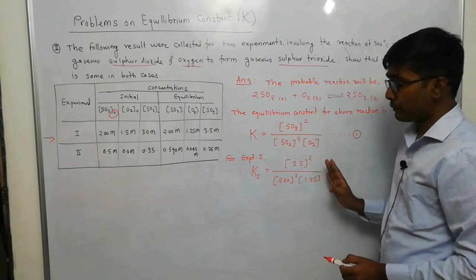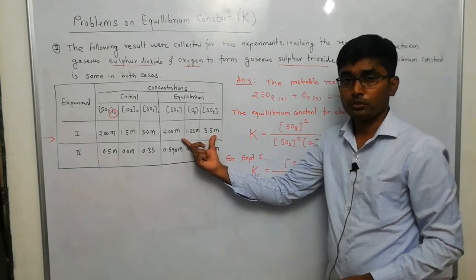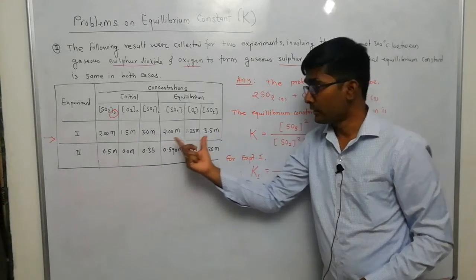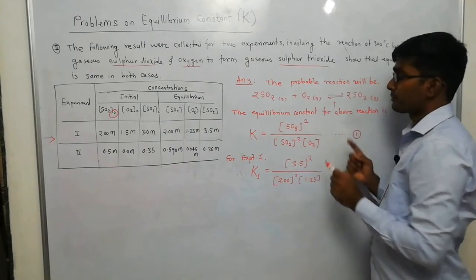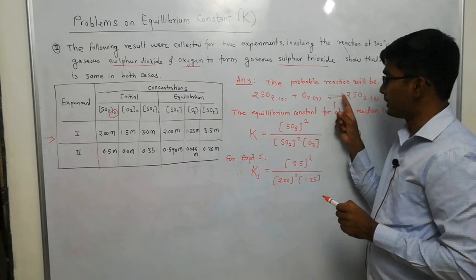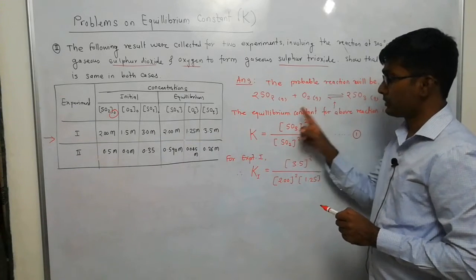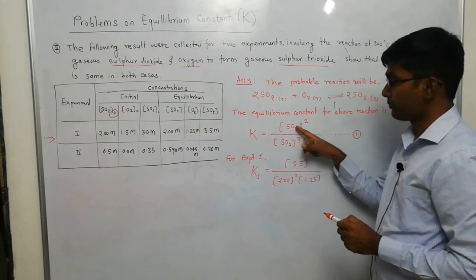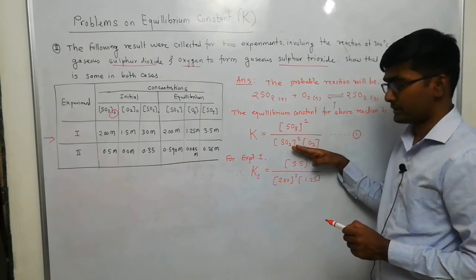Now a student may ask why I have taken this value and not that value. The reason is that this is our equilibrium reaction, with the equilibrium arrow. So for this equilibrium reaction, the equilibrium constant Kc is equal to the concentration of products divided by the concentration of the reactants.